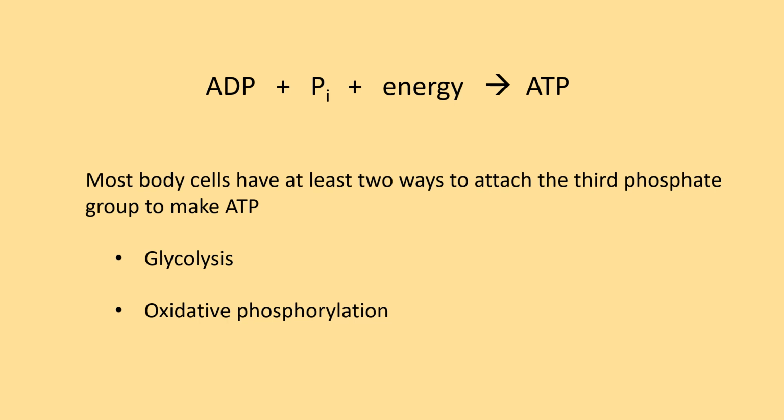We need to invest energy there in order to create a new molecule of ATP. So most body cells have at least two ways to perform this chemical reaction to attach that third phosphate. And we will talk about glycolysis, or splitting of glucose, and we'll talk about another process called oxidative phosphorylation.